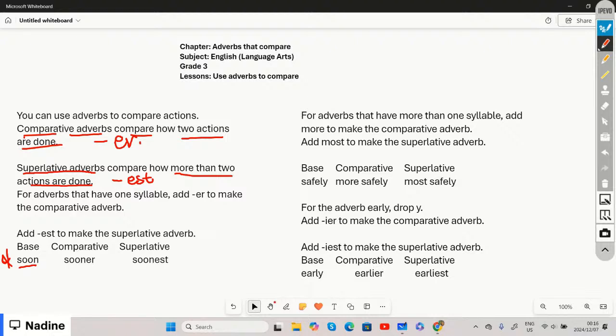So soon is our adverb that tells us when the action takes place. But now we have a comparative adverb. We're now comparing the two actions.